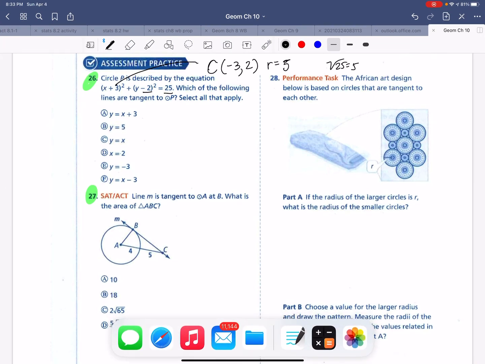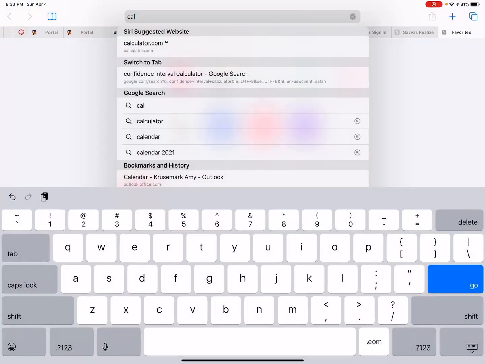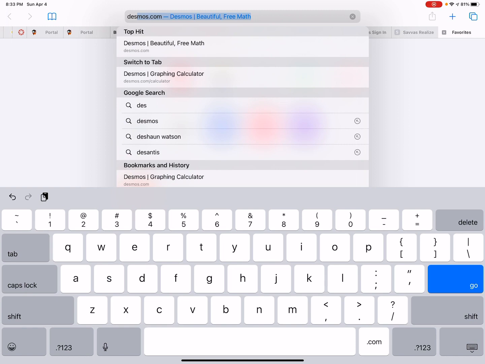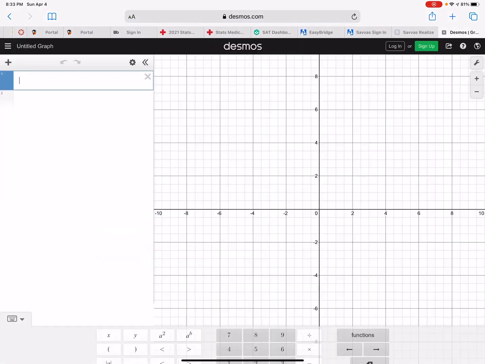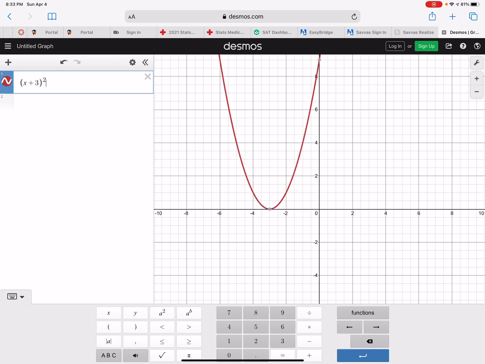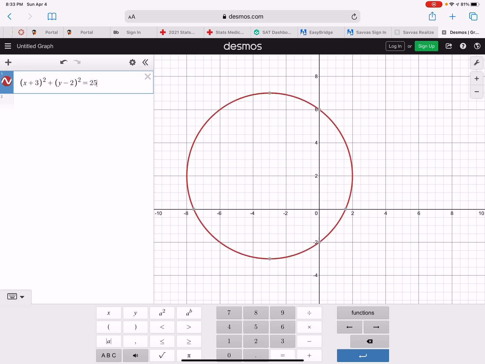x plus 3, y minus 2. Okay, so there's my circle.